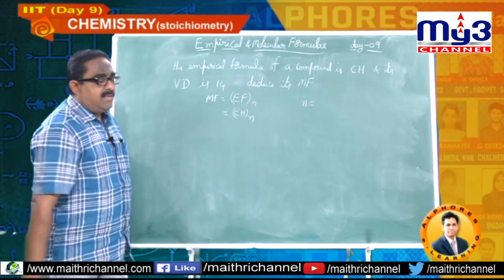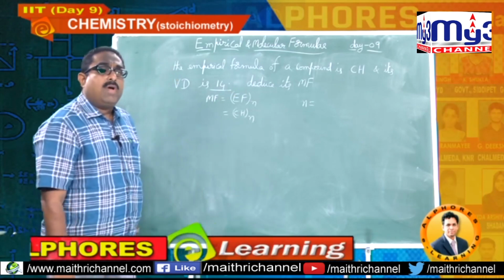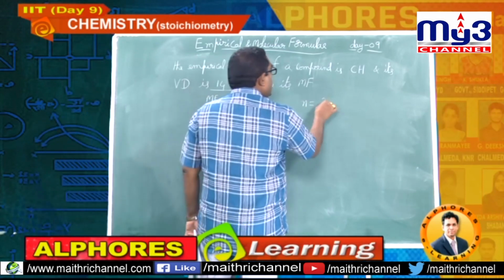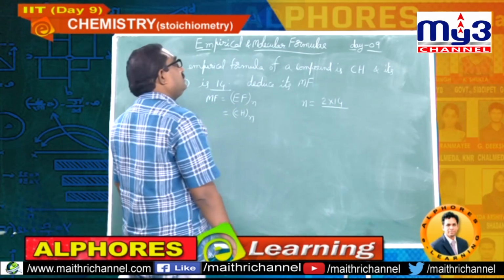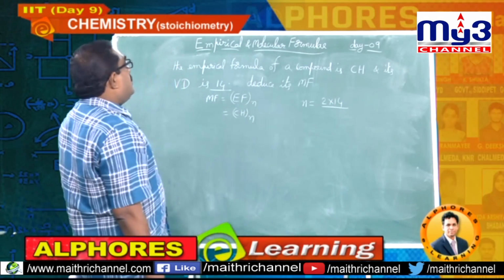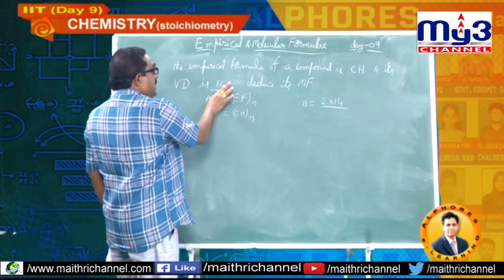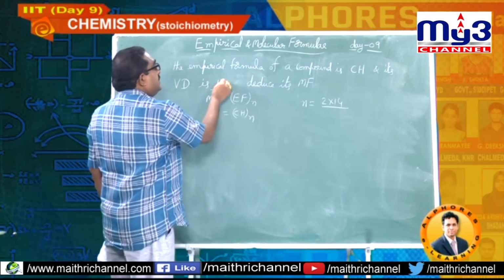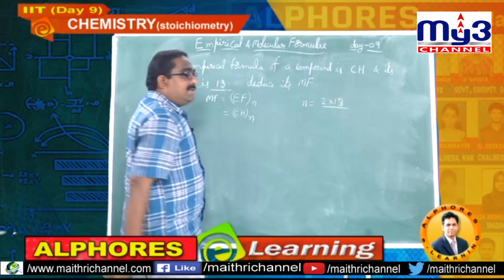Just now you have written the formula, but he has given vapor density. 2 into vapor density gives molar mass. So 2 into 14. Correct this as 13. Better, okay, you will get the exact answer.